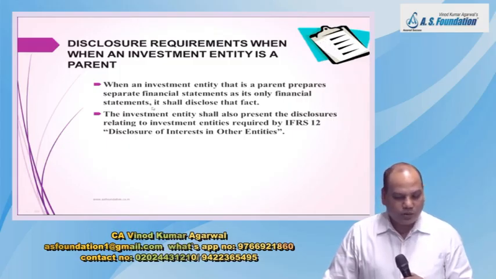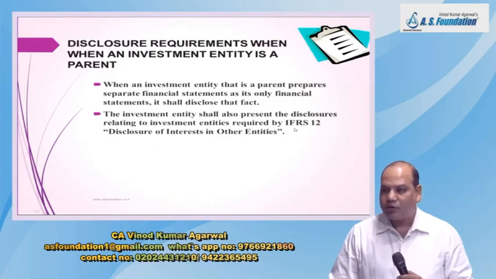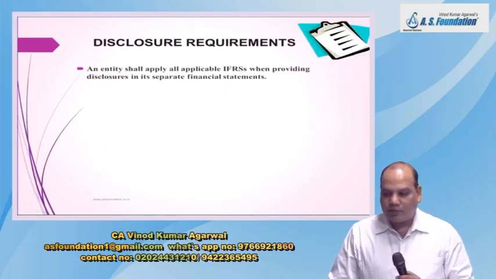So the disclosure is similar to para 11. The investment entity shall also present the disclosure relating to investment entities required by IFRS 12. So other disclosures also will be given, which are required by IFRS 12, which is called disclosure of interest in other entities. Now paragraph 13 is applicable to whom?